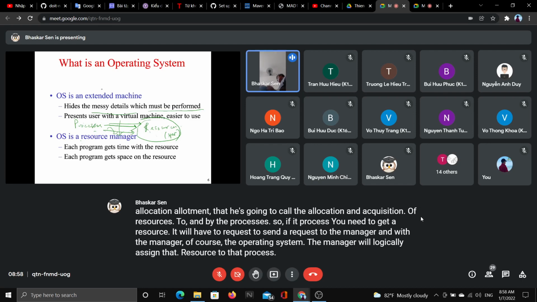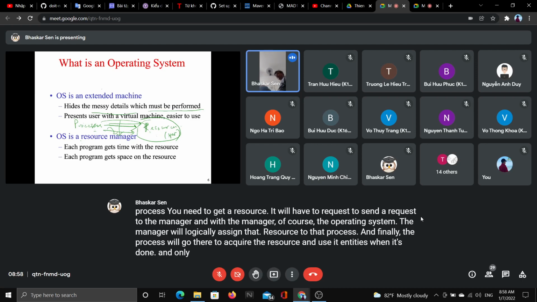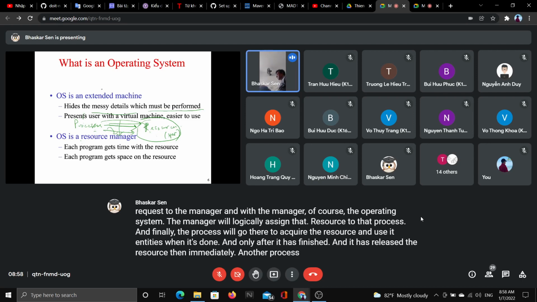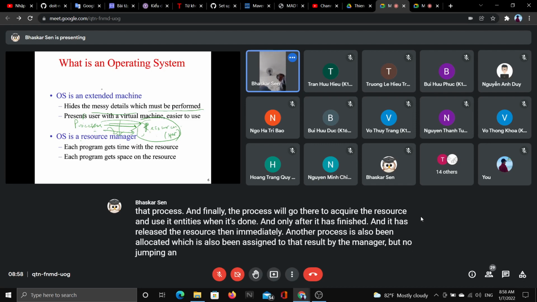And finally, the process will go there to acquire the resource and use it and release it when it's done. And only after it has released the resource, then immediately another process, which has also been assigned that resource by the manager, will now jump in and acquire that resource.